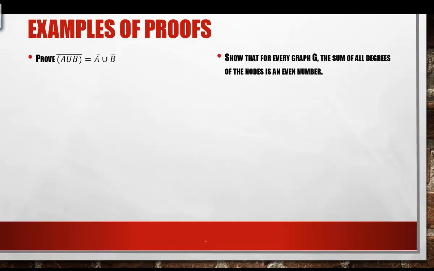So that being said, I want to show you two mathematical statements, and I want to prove these two statements. The first example says: prove that the negation of the disjunction, or union, of two sets is the conjunction of their negations.